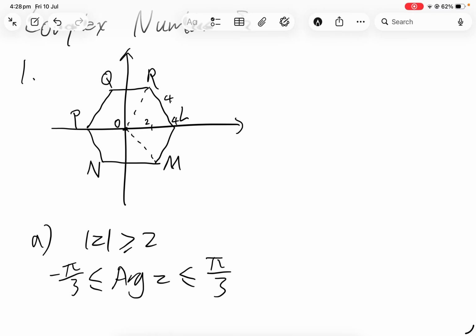This is 4. Okay, wait, no. We know this is 4 on top, which means half of it, because it's a regular hexagon, is in the center.